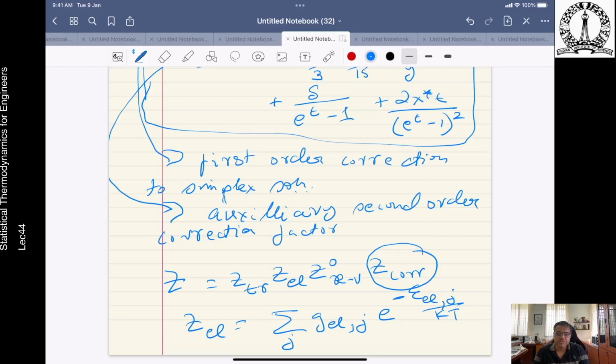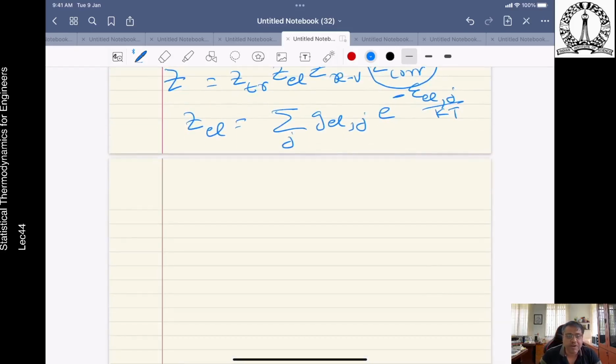Okay, so using this same principle, therefore, now you can calculate the usual derivatives, right? So this is d ln Z RV divided by dT at constant volume.